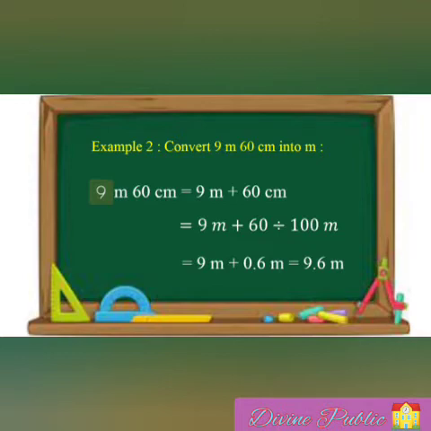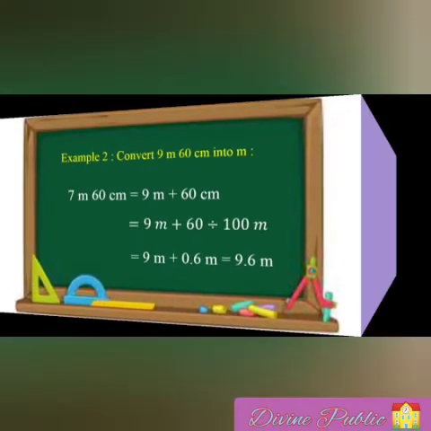That we will write 9 meter plus 60 divided by 100 meter. And finally, we will divide 60 by 100 and we will write 9 meter plus 0.6 meter. And hence we will get the answer 9.6 meter. Therefore, 9 meter 60 centimeter is equal to 9.6 meter.